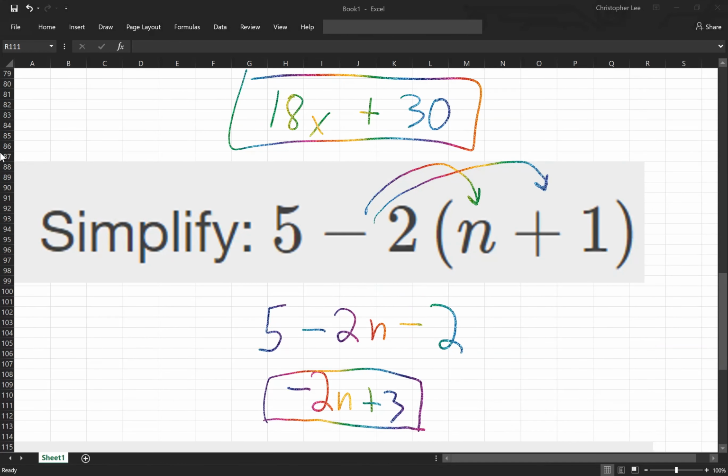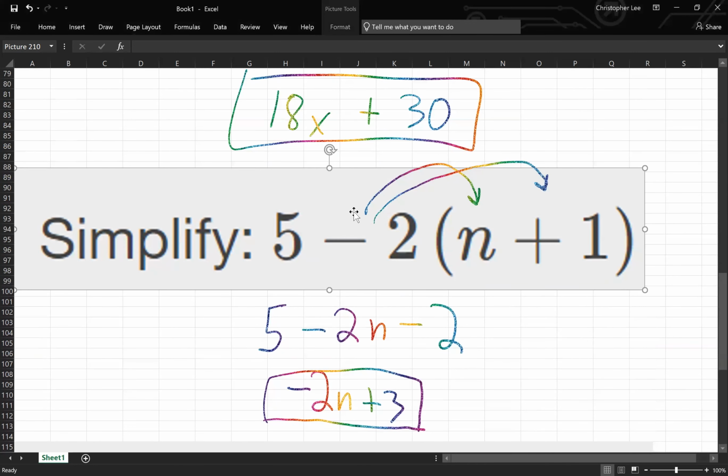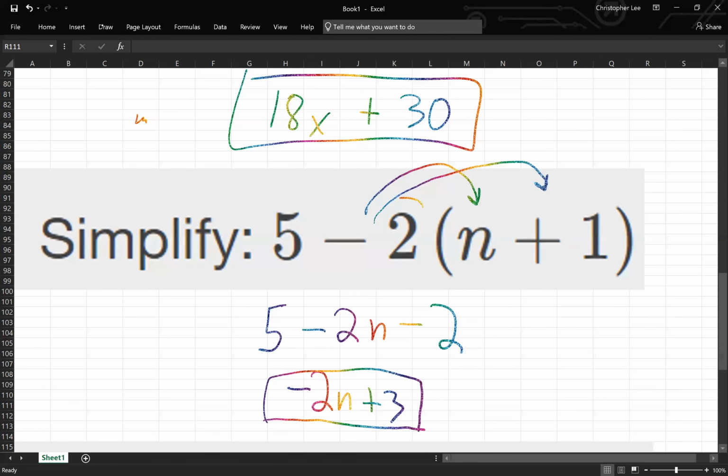I'm taking the -2 and that's what I'm distributing over here. So -2 times n is -2n, and -2 times +1 is -2. And then you just combine like terms. So that's what's happening in that question.